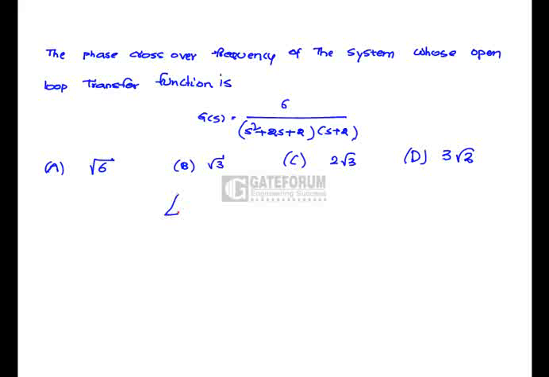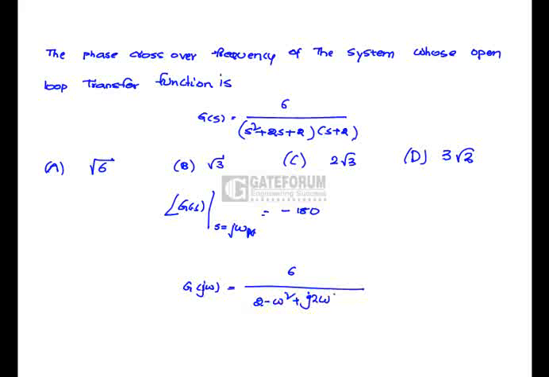That is, angle of G of s at s equals j omega pc is equal to minus 180 degrees. So G of j omega is equal to 6 by (2 minus omega square plus j 2 omega) (j omega plus 2).